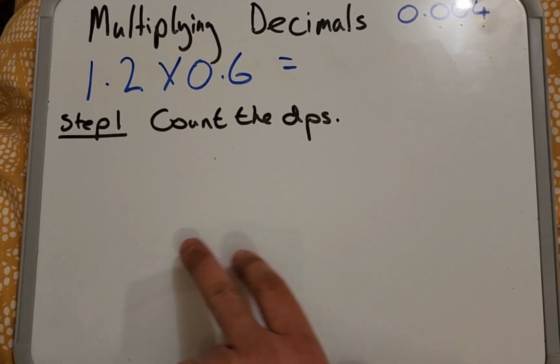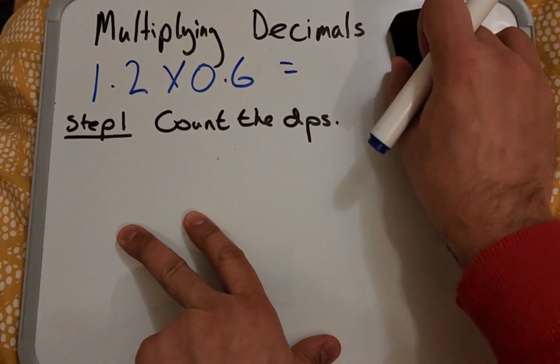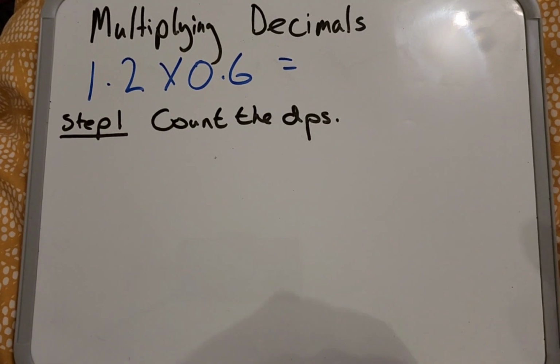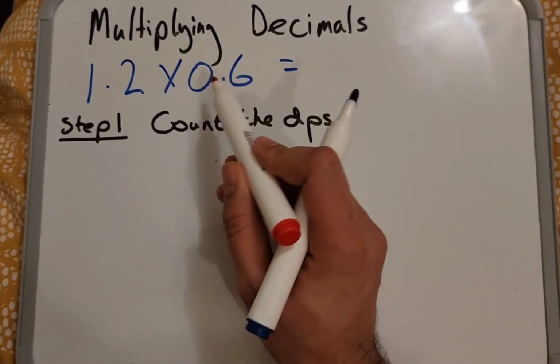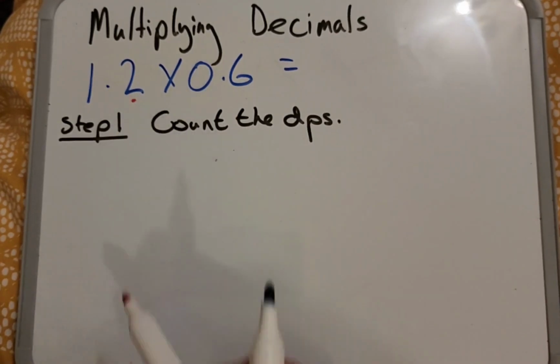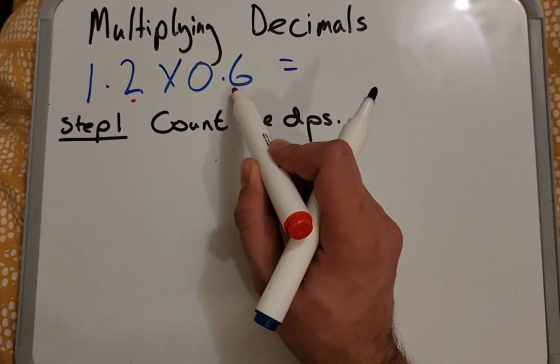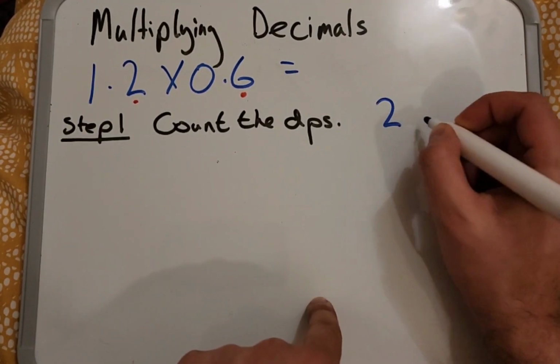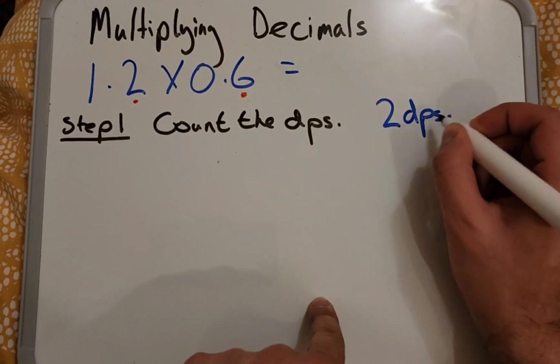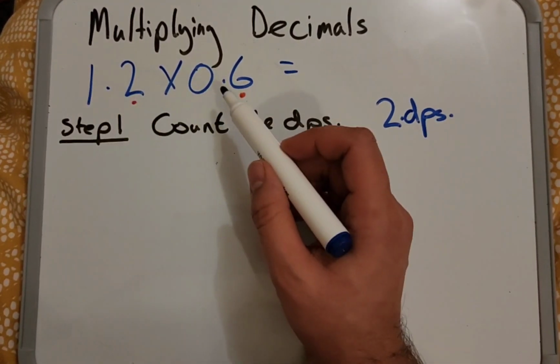That's what we're going to be looking to find in the question here. The question has a number here times a number here. 1.2 has 1 decimal place, and 0.6 has a second decimal place. So the question actually has two decimal places in it: 1 in this number and 1 in this number.